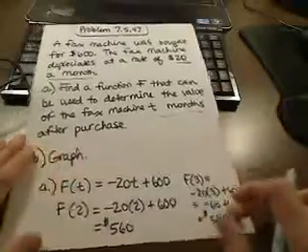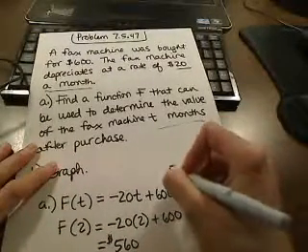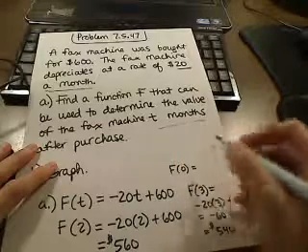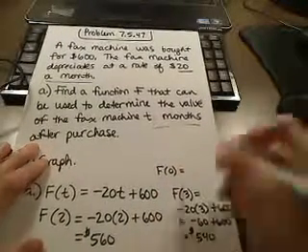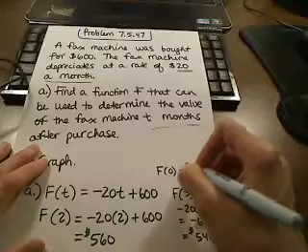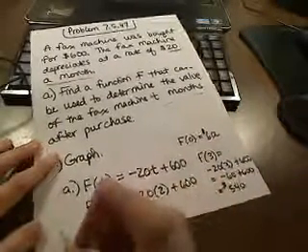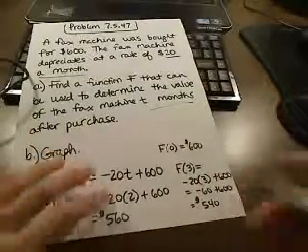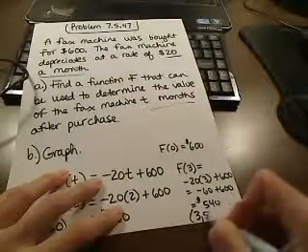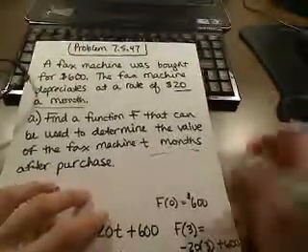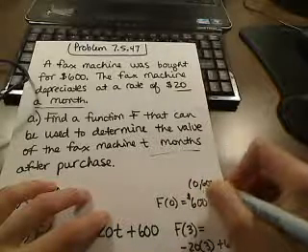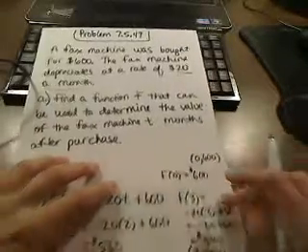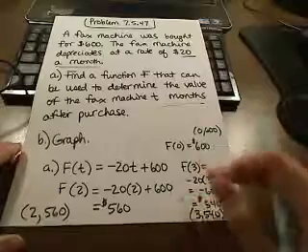And then obviously f of 0, where we're starting, when you plug 0 in, you're just going to get 600. So these are all ordered pair points. This is 2 and 560. This is 3 and 540. And this is 0 and 600. All right, so we have some points here.